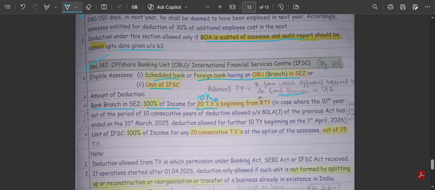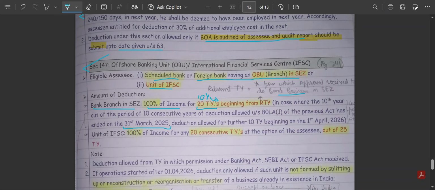But there is one exceptional case set out in this section. It is when a business was enjoying this deduction for 10 years, and the period of 10 years ended on 31st March 2025. For such businesses only, they will be allowed to enjoy 20 years deduction.